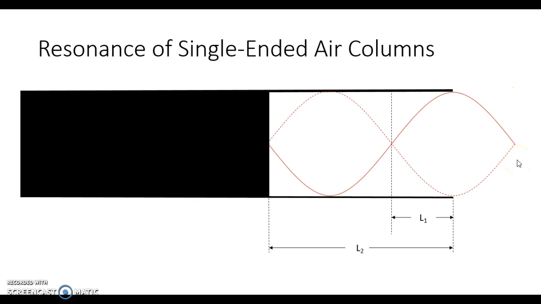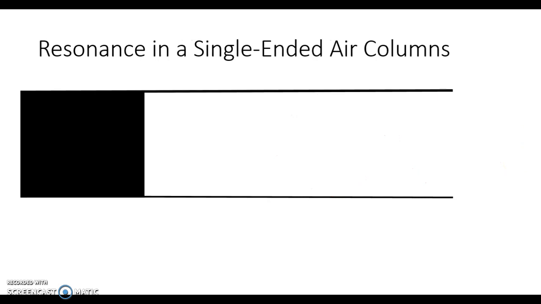Now, let's move the piston again further back, and we create a traveling wave going down the string. Again, we remain at the same frequency, keeping that frequency constant. Again, we'll get a traveling wave going down the string.